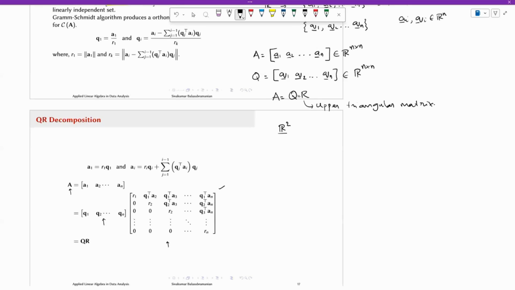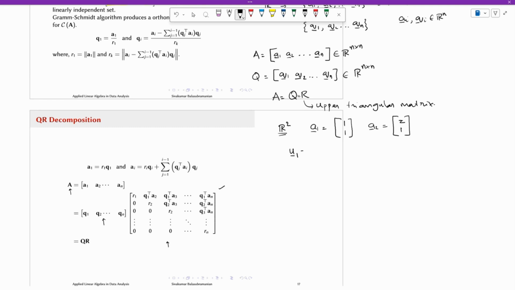We'll keep things simple. We'll work with R2. These are the two vectors. Are they linearly independent? It looks like it, but let's do the Gram-Schmidt procedure and we'll find out.